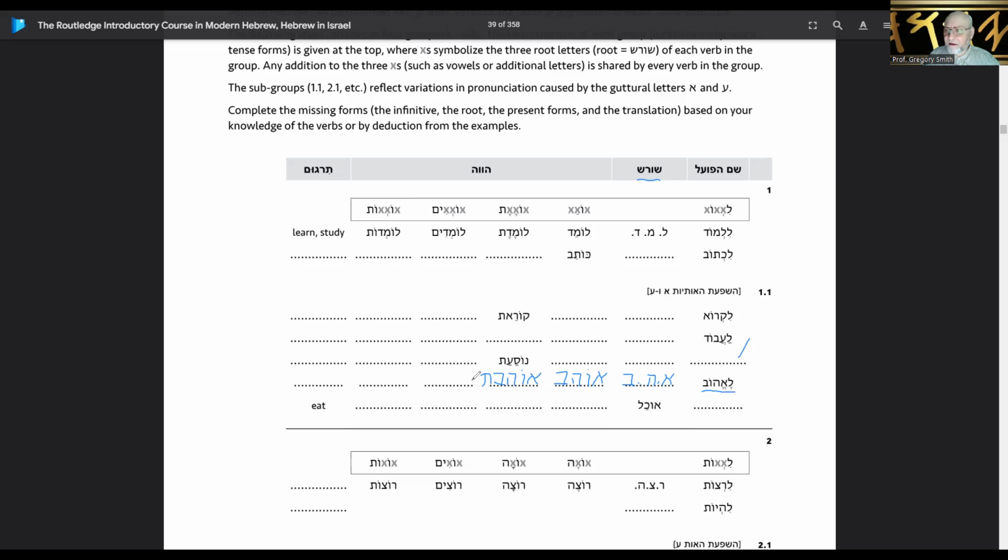And then if you say you all are loving, like atem with a mem suffix, that's like mixed plural or masculine plural. It would be ohavim. So it would start out with an aleph, a holem, and then a hey. And then you've got your vet, your yod, and your mem suffix. Ohavim. Okay, and then if you were to say ohavot, that would be a strictly feminine plural.